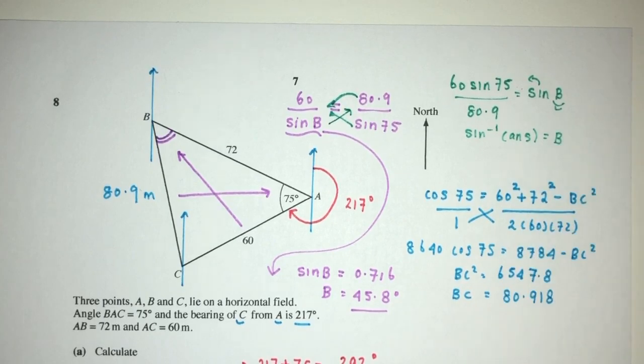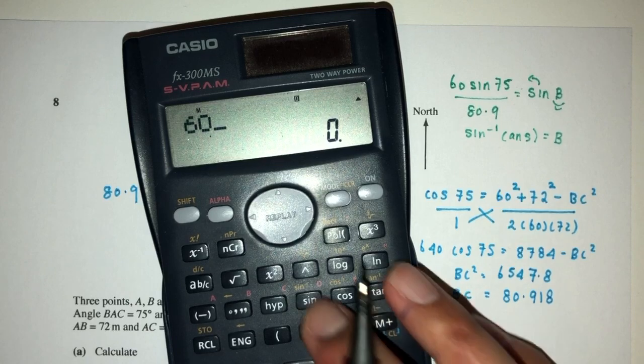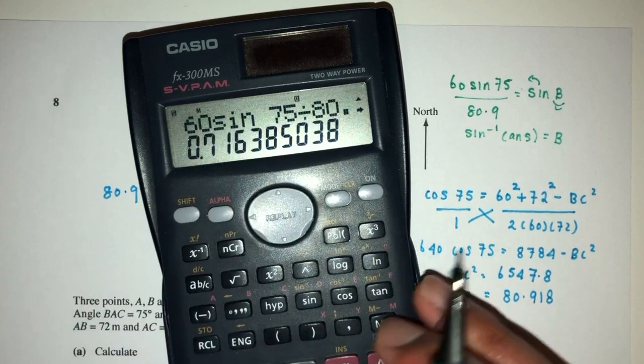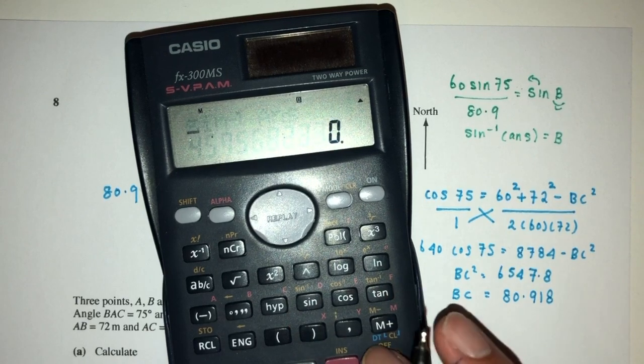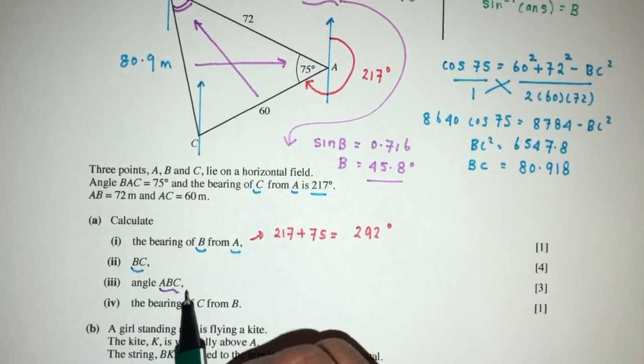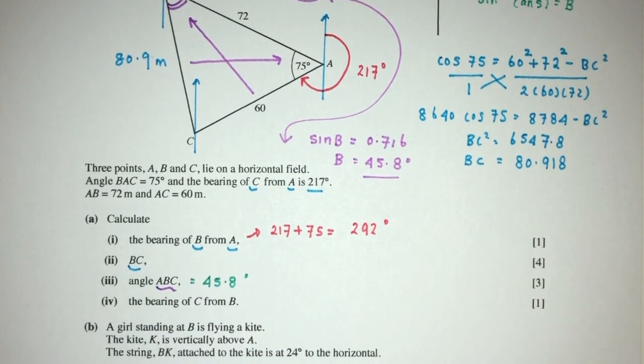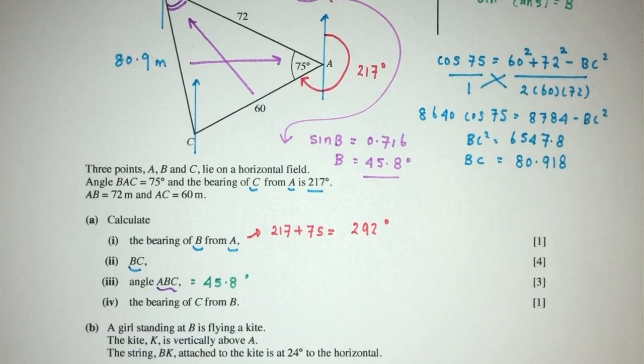So let's double check to see if that is okay or not. So 60 sine of 75 divided by 80.9. Inverse, that will give you this value, which is correct. To one decimal place. So whenever your angle is not exact, you have to provide the angle value to one decimal place, which is 45.8.